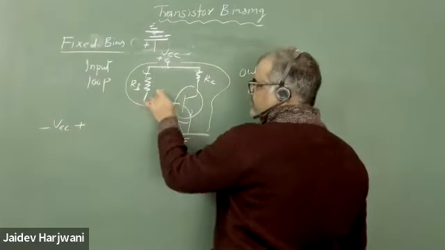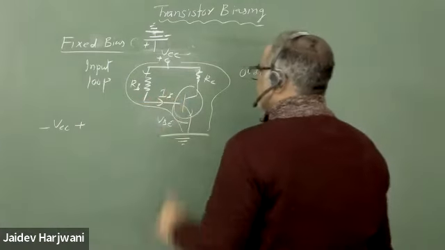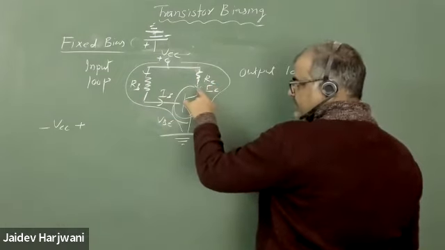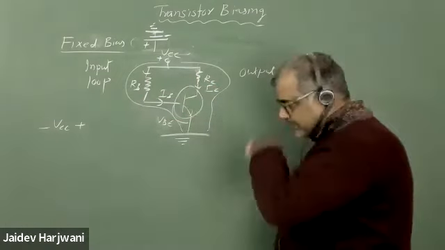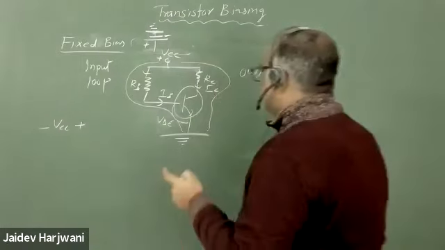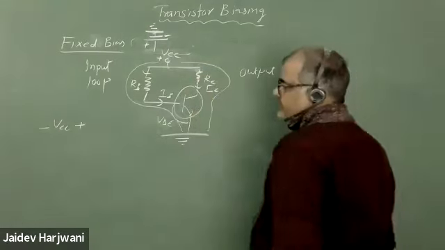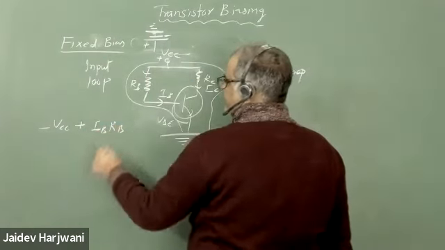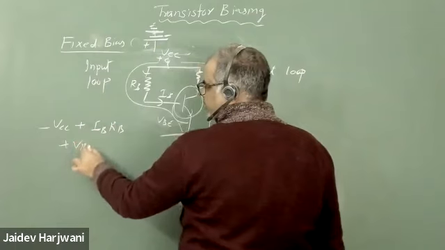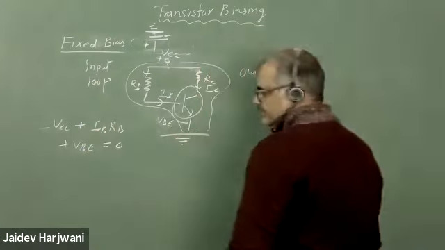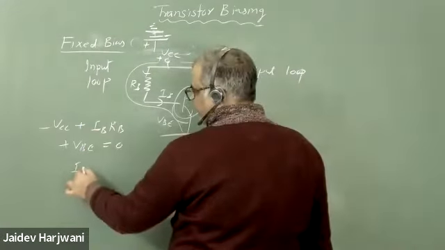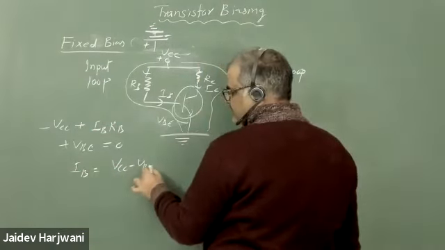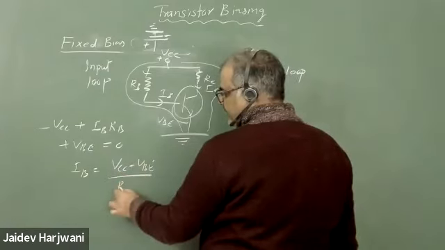This current is going into the base, so it is IB, and the current entering the collector terminal is IC. From here I can find IB, which is VCC minus VB, like we did yesterday, divided by RB.